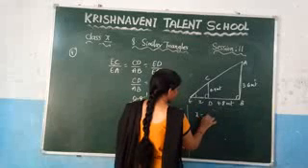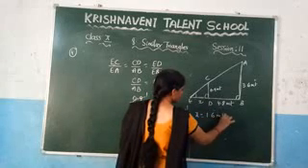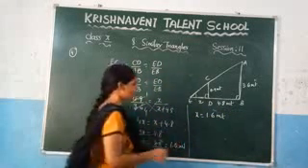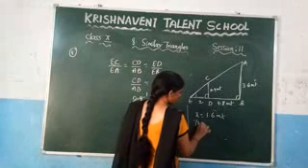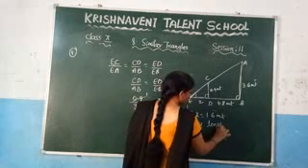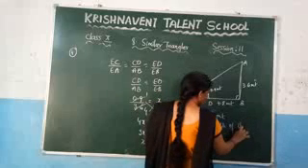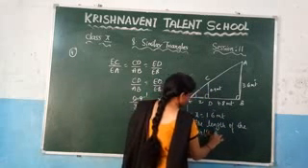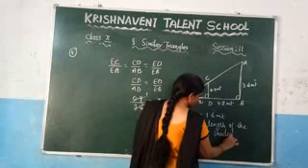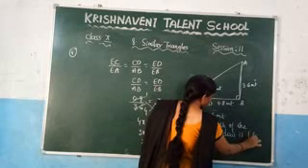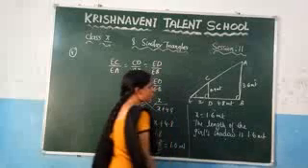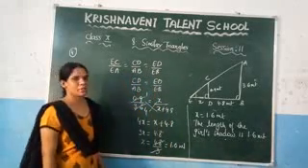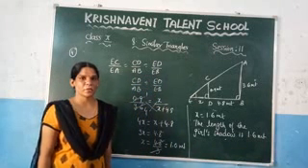So we got it here x is equal to 1.6 meters. What is x is nothing but the length of the girl's shadow. Therefore write it here. Therefore the length of the girl's shadow is 1.6 meters. So this is the problem. In the next session we are going to solve the remaining problems of this exercise.